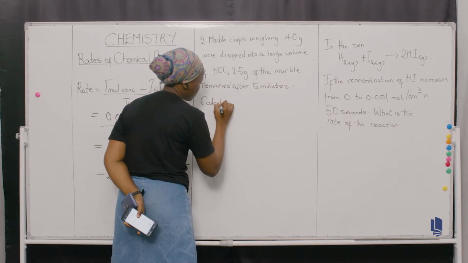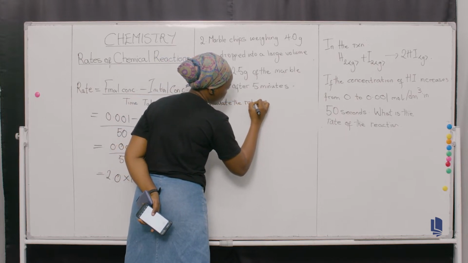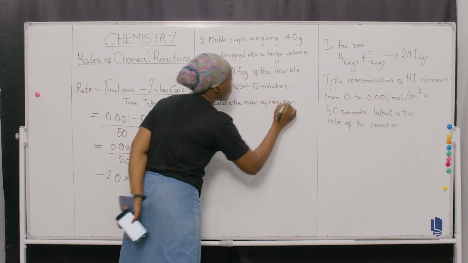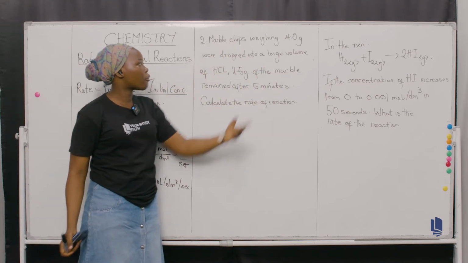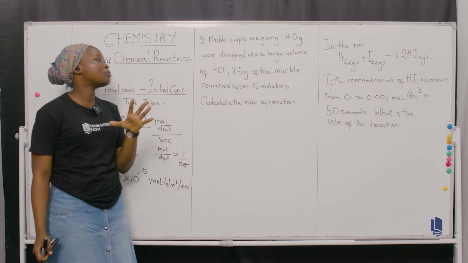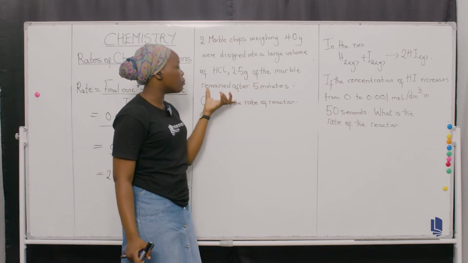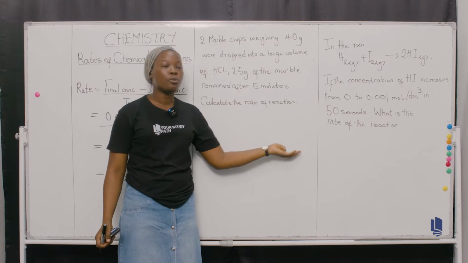Calculate the rate of reaction. Okay, this is another question. Marble chips weighing 4 grams were dropped into a large volume of hydrochloric acid. 2.5 grams of the marble remained after 5 minutes. Calculate the rate of reaction.